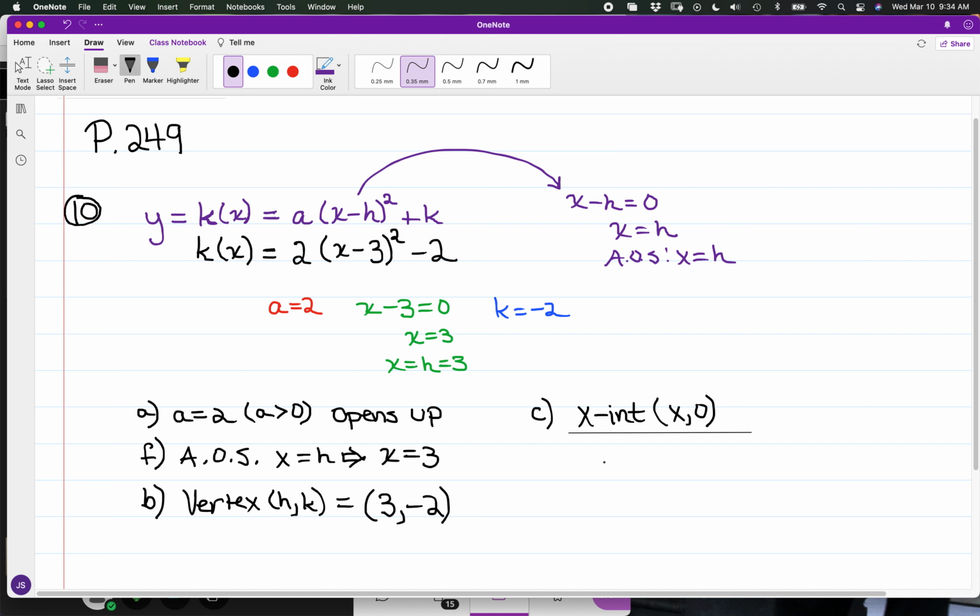For this function, y is represented by k of x. So in this case, we're looking at solving for x, and that which represents y is going to be set to 0.